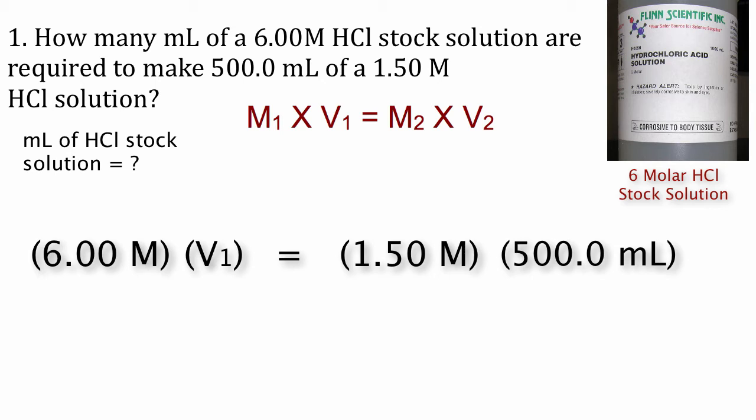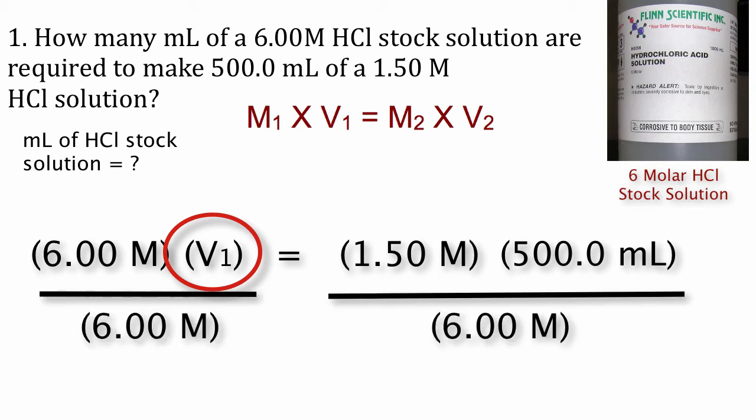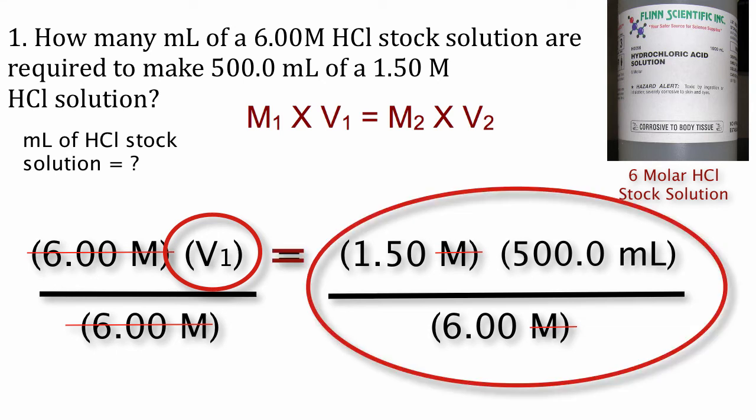In order to solve for the value of our first solution, we must divide each side by 6.00 molar. This allows for units of molar to cancel out, and we are left with the value of our 6.00 molar solution required to be equal to 1.50 times 500.0 divided by 6.00.